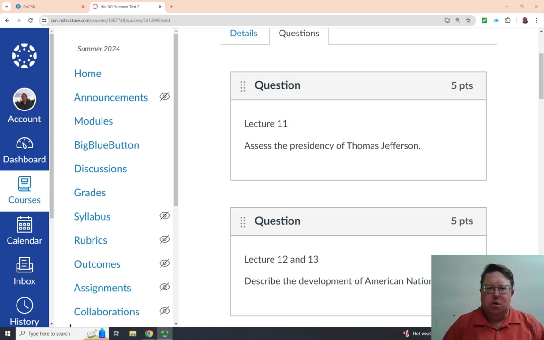Most historians, if you put 10 historians of the U.S. in a room, 9 out of 10 would put Thomas Jefferson in the top 3 of presidents. So what you want to do there is, what do you think?